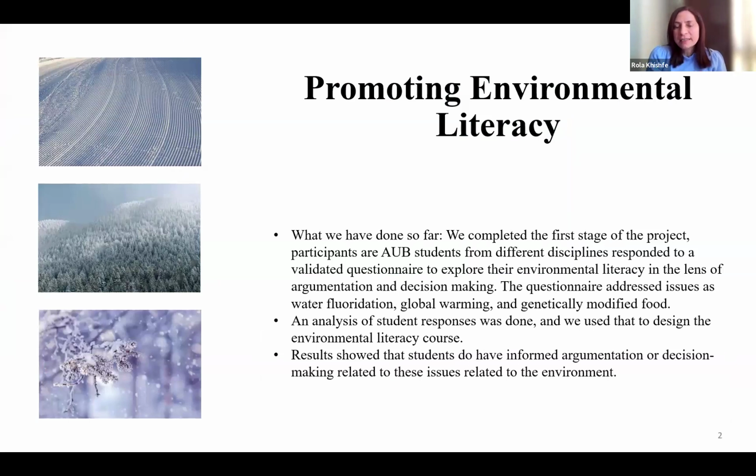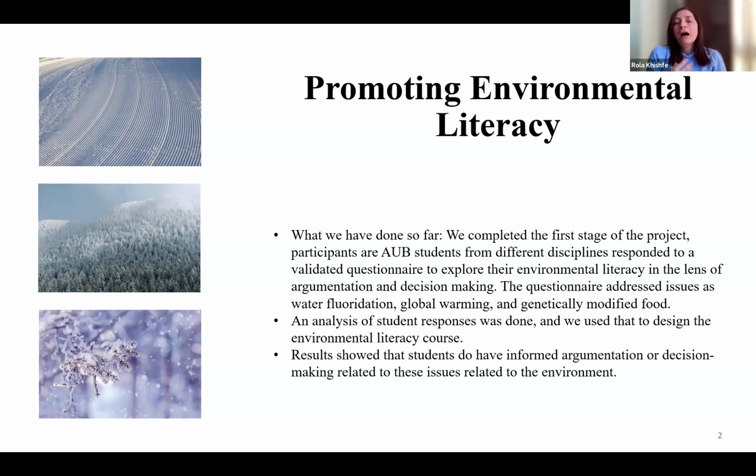And in the first stage, which we have addressed so far, there were participants who are AUB students. They were from different disciplines. And these participants were asked to respond to a questionnaire. And this questionnaire explored their environmental literacy.